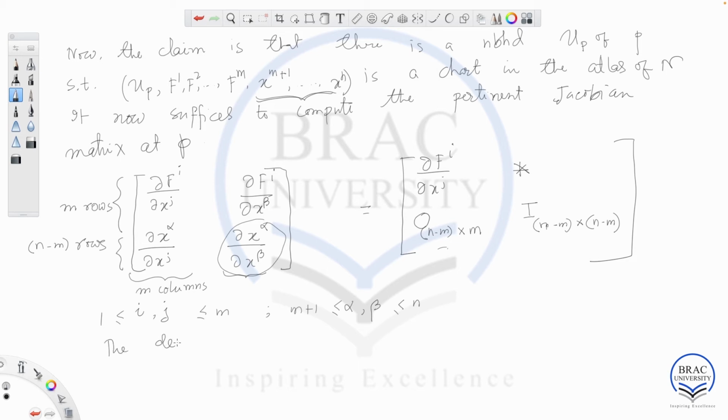So what is the determinant of this matrix? The determinant of the matrix above is equal to that del fi by del xj at p, right?